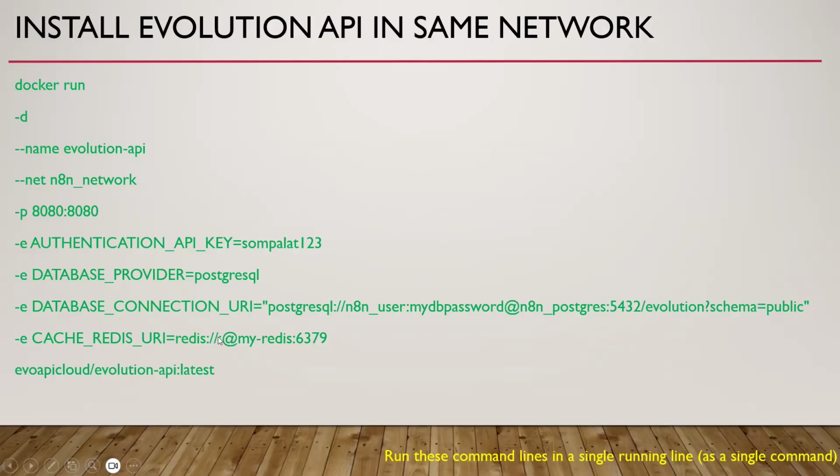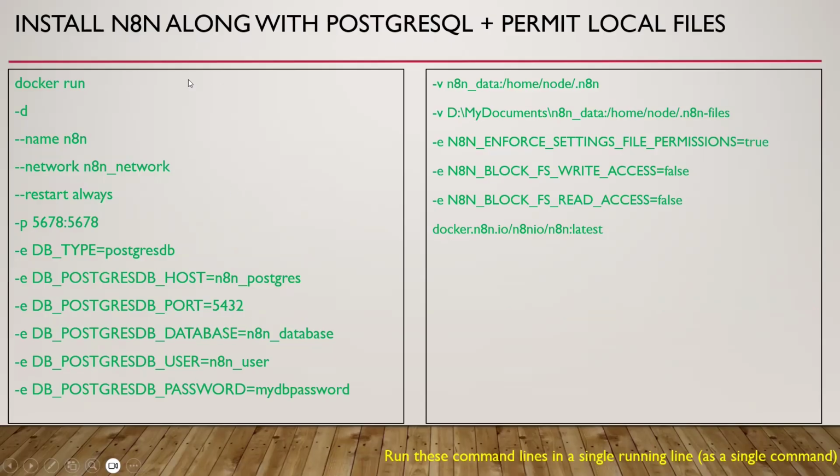We do not specify a password here because Redis does not require authentication. This is how we install N8N, which can communicate with Postgres and which can also read the local files. This is the same network. This is the port.